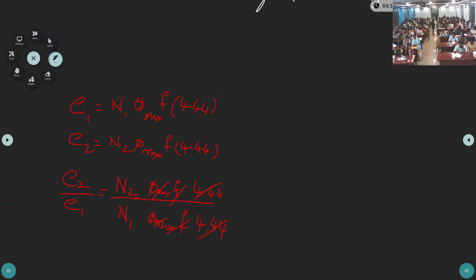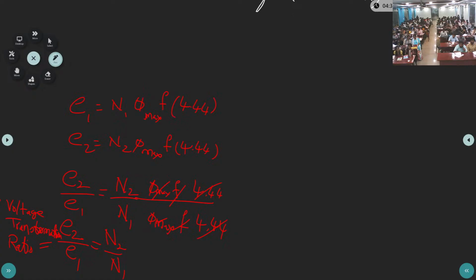So the ratio of E2 by E1 is equal to N2 by N1. This is called voltage transformation ratio.